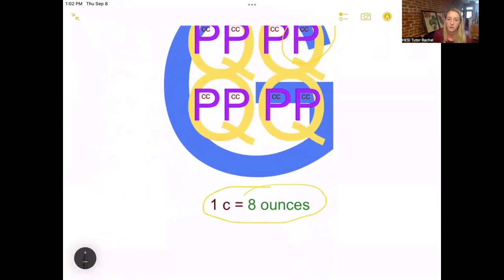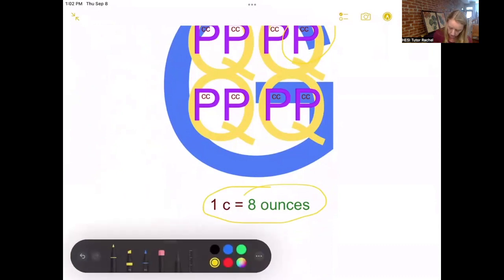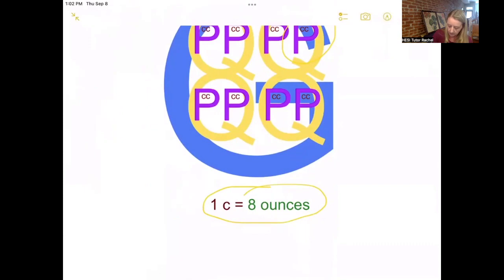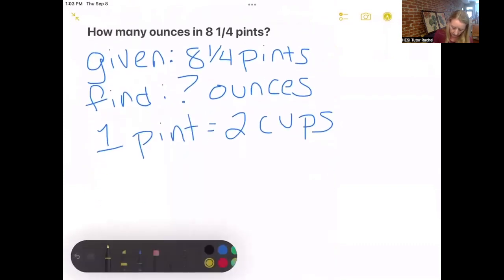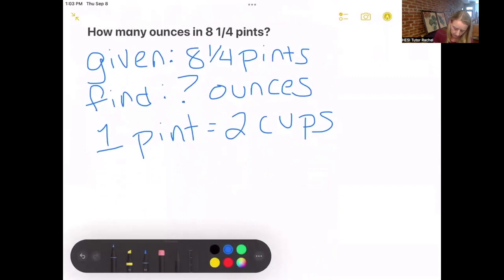So we don't have a picture here that takes us directly from pints to ounces, but we can go from pints to cups and cups to ounces, and that works just as well. It's just one more little step when we're doing the math. So now we're going to write 1 cup equals 8 ounces.